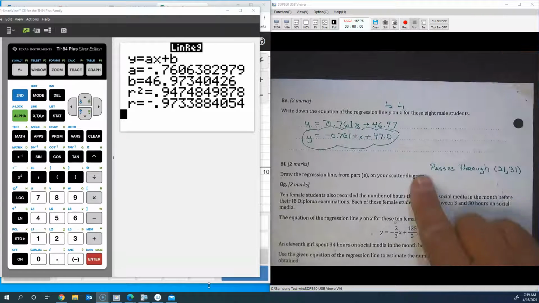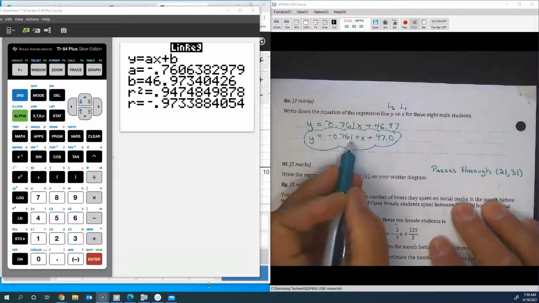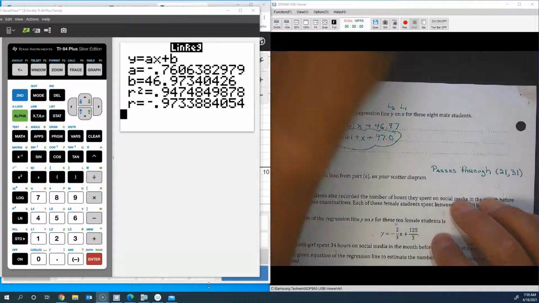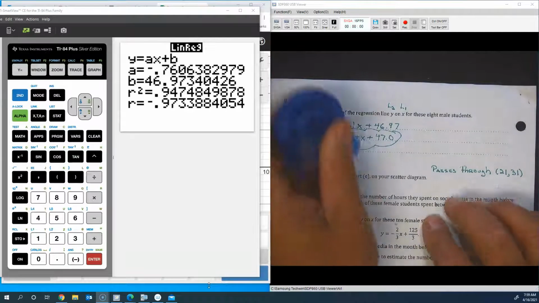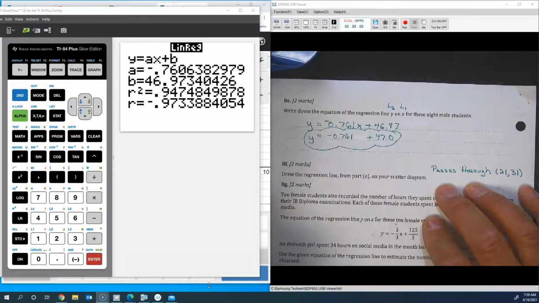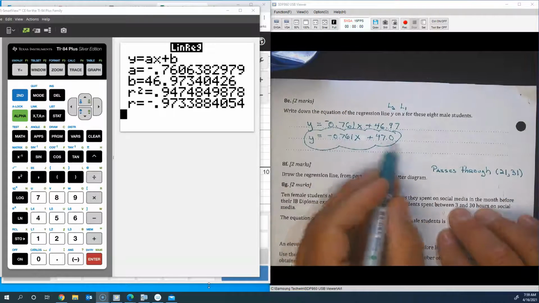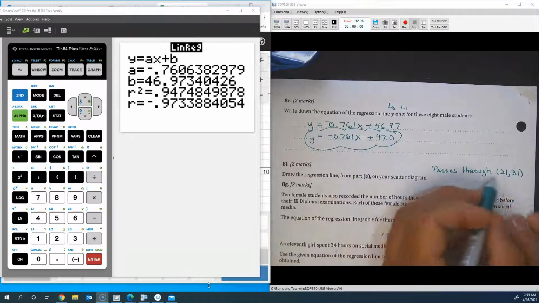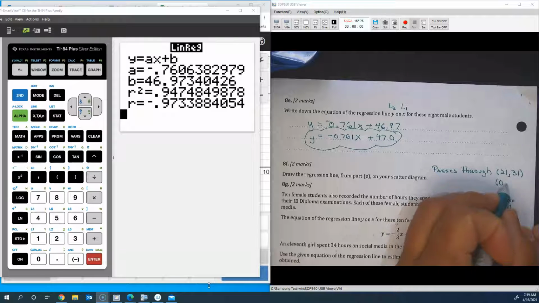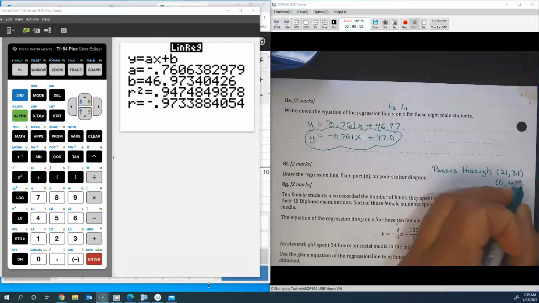Instead of trying to plot this equation, I'm just going to use the y-intercept, so the other point is going to be 0, 47.